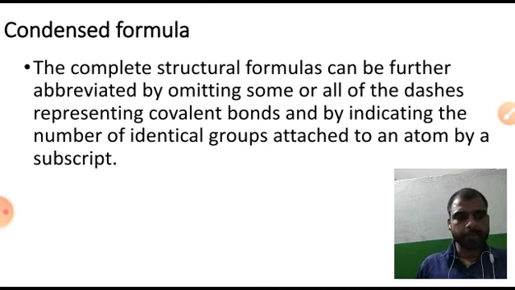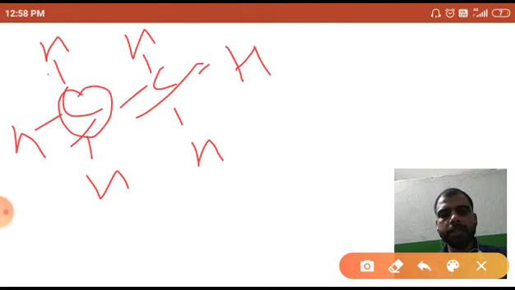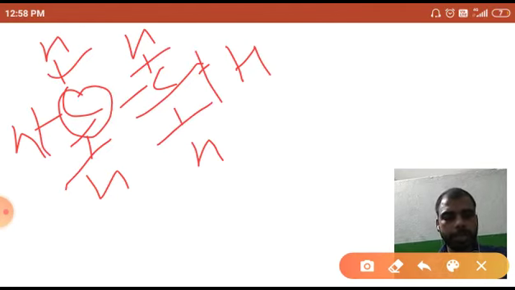Suppose I had written the complete structure formula of ethane, where you are seeing that carbon is forming bonds shown in the open chain. But if you have to write the condensed formula, then don't show the bond.